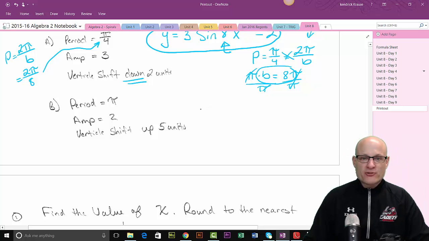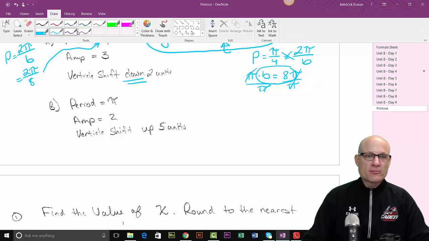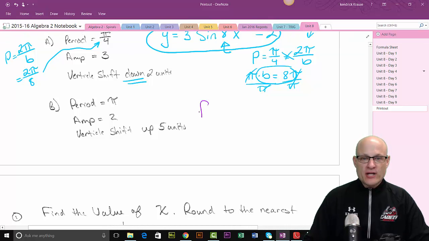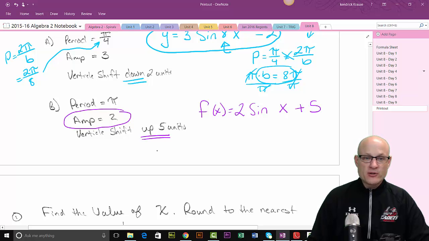Great, you're back. Let's try it again. Let me go back to purple. So I'll use f of x this time because it's really cool. So I know my amplitude, 2. Sine, I don't know the frequency, and I'm going up 5 units, so I'm going to add 5. Frequency is a little trickier, but I know that the period is equal to pi over 1, which is equal to 2 pi over b.